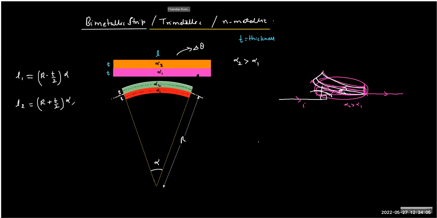You can clearly see that these are the final lengths after the temperature is raised. The initial length is L. So can we write L1 equals L plus alpha 1 delta theta, and L2 equals L plus alpha 2 delta theta.